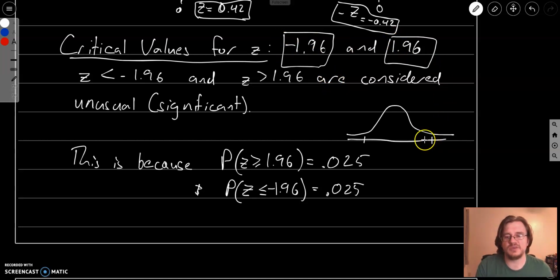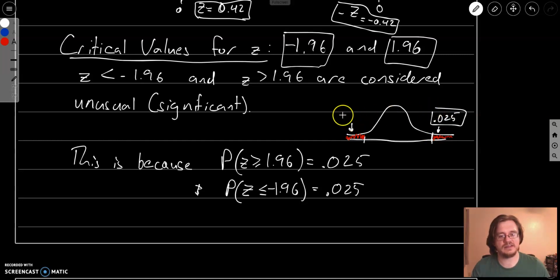The reason these are called critical values is that they are the cutoff points for what we would consider common z-scores. With a z-score of 1.96, if we look above that, it's a pretty small area. And if we look below negative 1.96, this is also a pretty small area. In fact, these areas are each going to be 0.025.